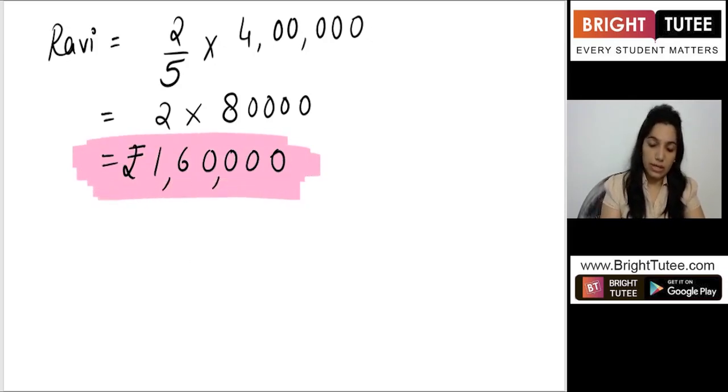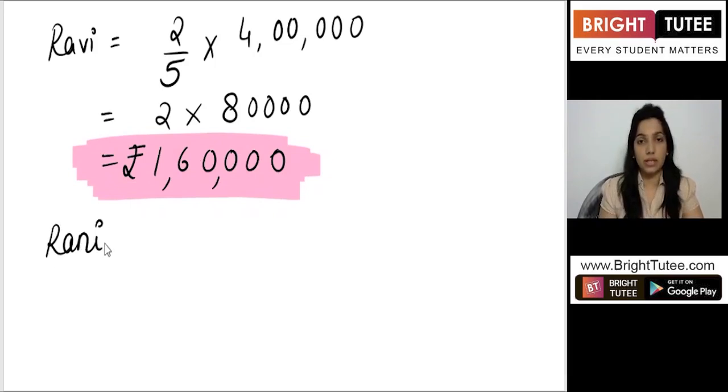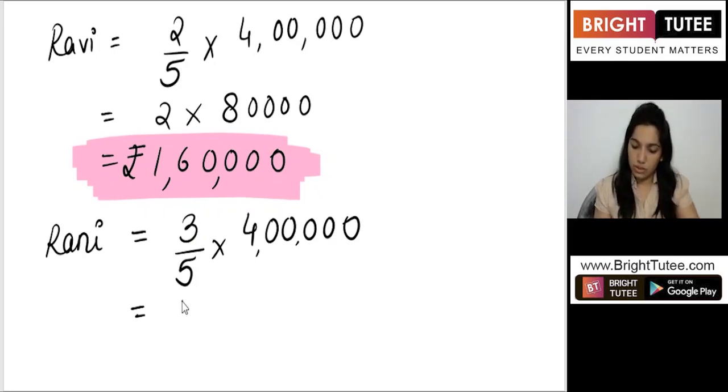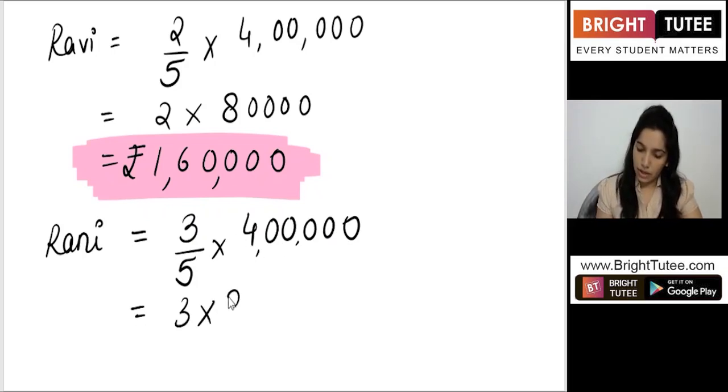Now let us find the amount that Rani is going to get. Because Rani has invested 3 parts out of the 5 parts, the ratio is 3 over 5. If we multiply it by 4 lakh rupees, it is 3 times 8, 80,000, right?